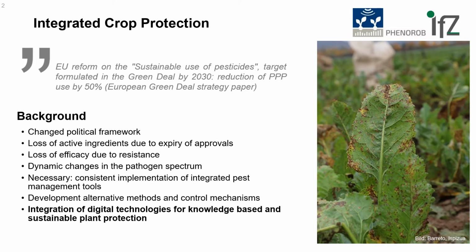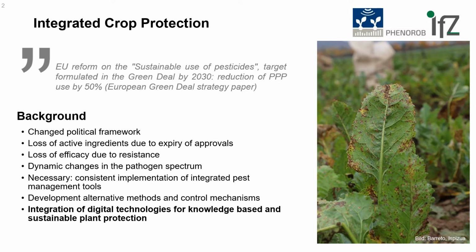Additionally, there is a loss of active ingredients available for the farmers due to expiry of approvals and a loss of efficacy of plant protection compounds due to resistance of the pathogens. In parallel, we observe dynamic changes in the pathogen spectrum, and also effects of climate change impact the occurrence and damaging potential of pests and diseases.